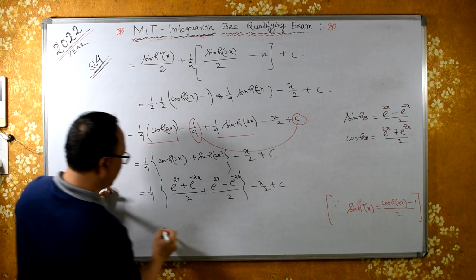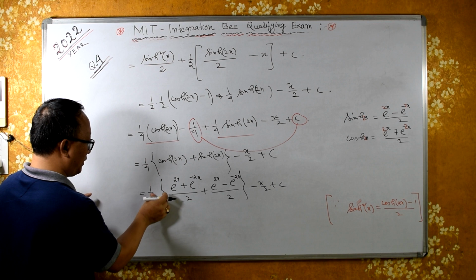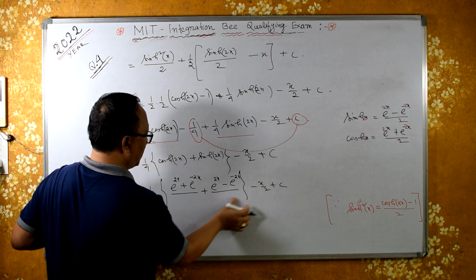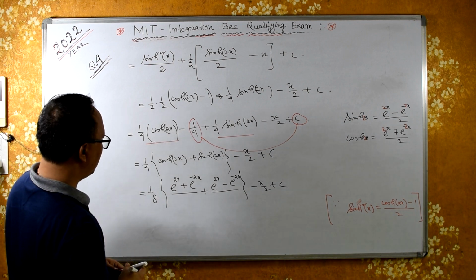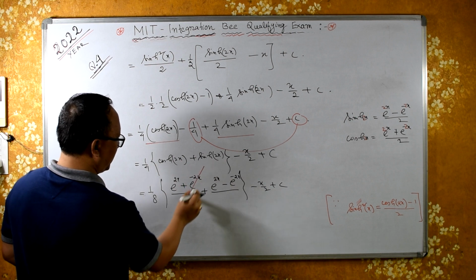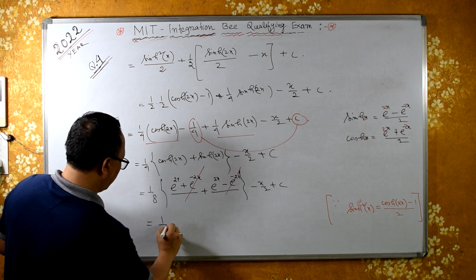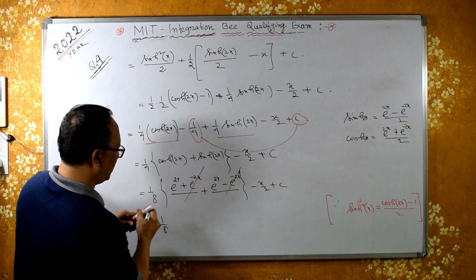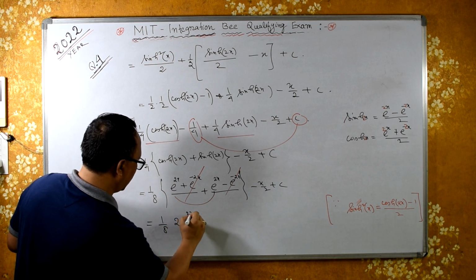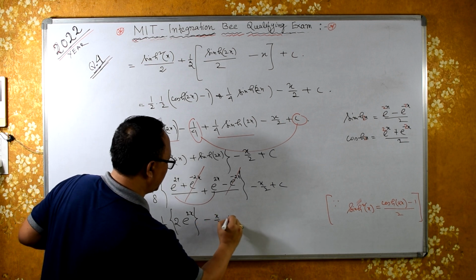Taking the two outside, 4 into 2 becomes 8. Now this is plus and this is minus, so these two get cancelled, and I have 1 by 8 times this plus this, which becomes twice e^(2x), minus x by 2 plus c.